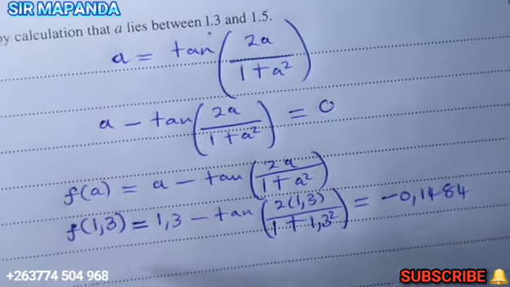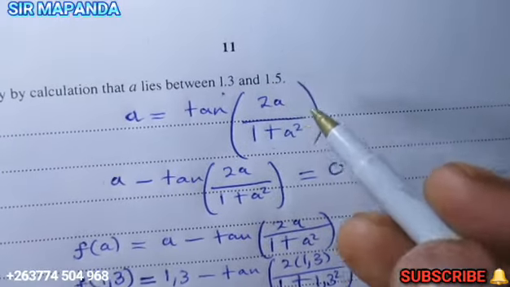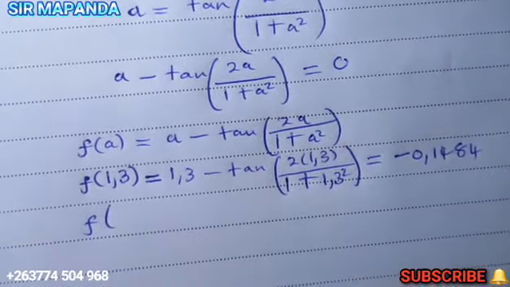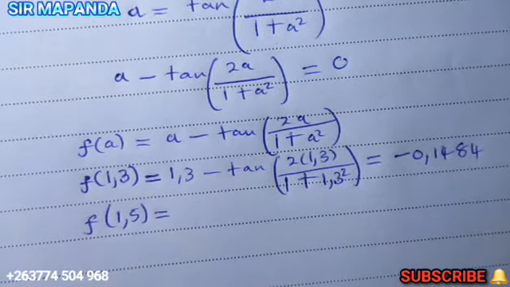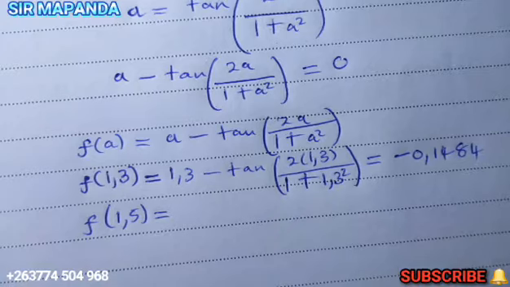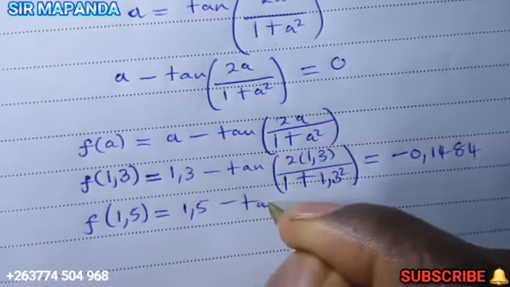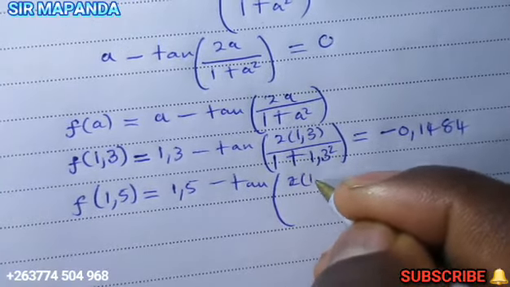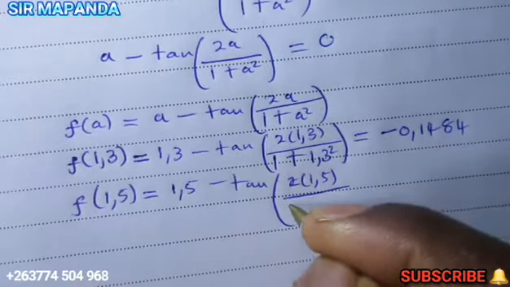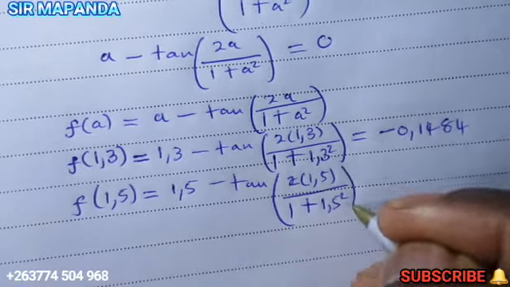Right. So you need to do the same. The upper limit is 1,5. Here is 1,5. So you also find f of 1,5. Substitute 1,5 on each and every letter a. You get 1,5 minus tan, open bracket 2 times 1,5 over 1 plus 1,5 squared.